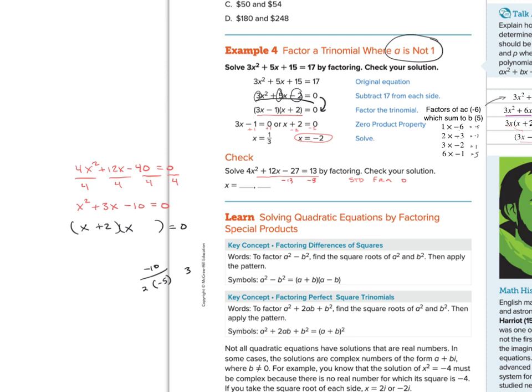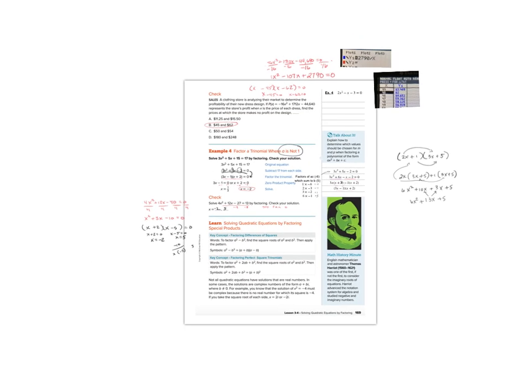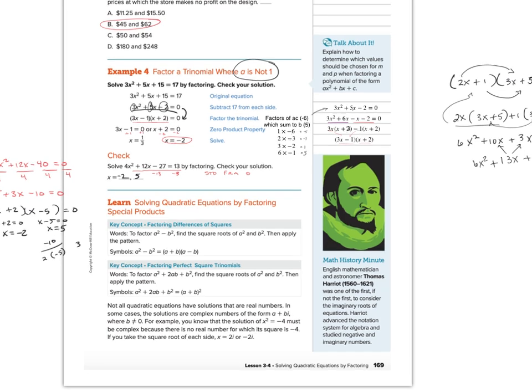So I have x plus 2 equals 0, x minus 5 equals 0, x is equal to -2, x is equal to 5. -2 and 5 turn out to be my answers. So that is being able to work with that.